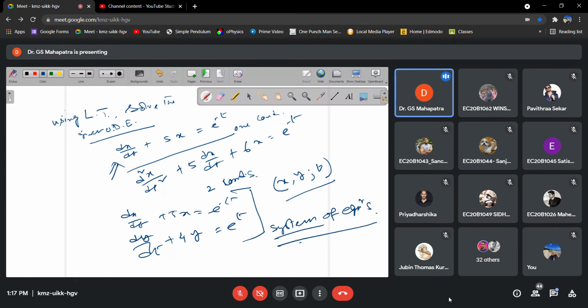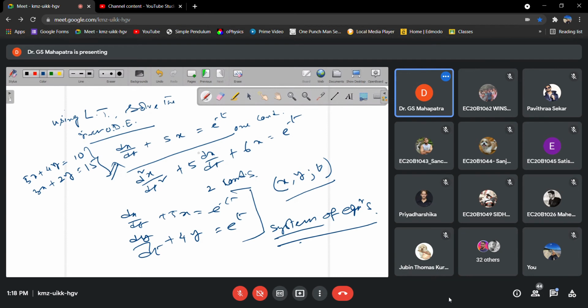Another name is there. Can you tell me the name of that one? What is this: 5x + 4y = 10, 3x + 2y = 15? A system of linear equations. Yes, linear equations.